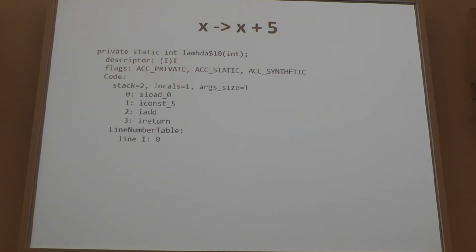And if we look at the bytecode, again, it's just adding 5 to the parameter and returning it. It's a normal function. In Java source code, not in bytecode, it would look like this.